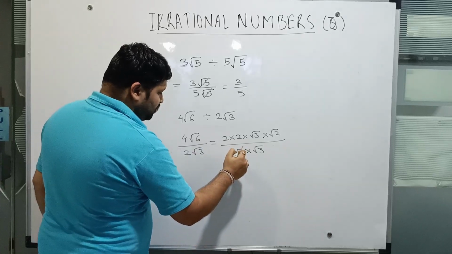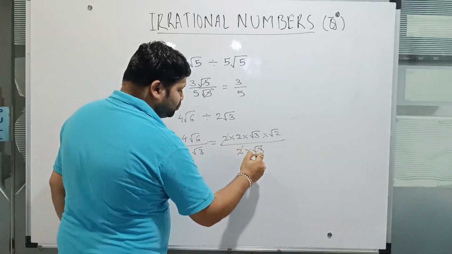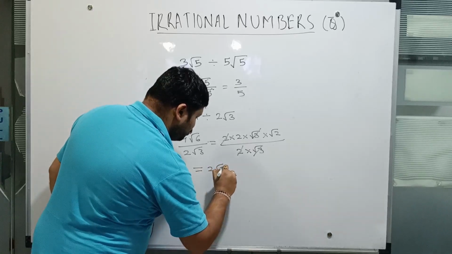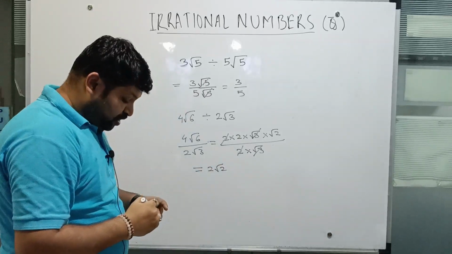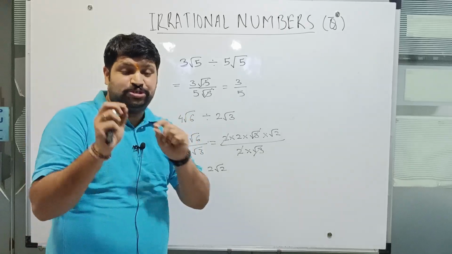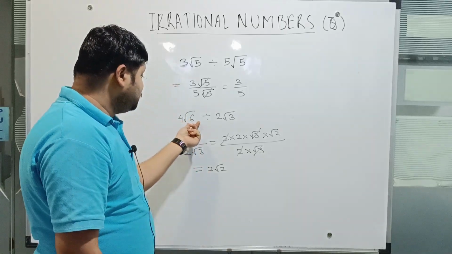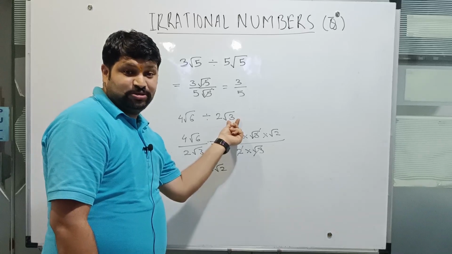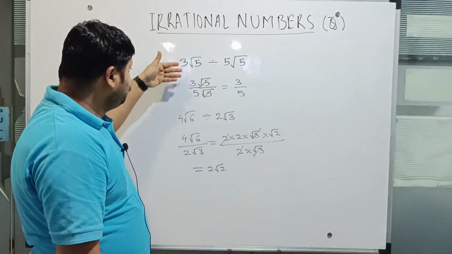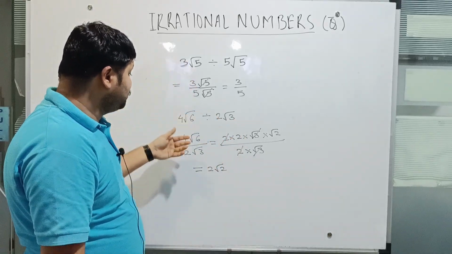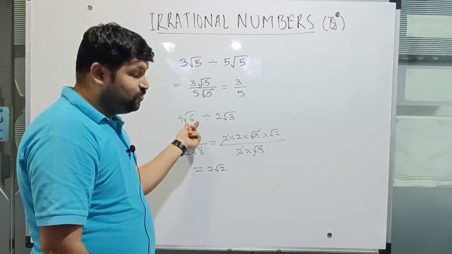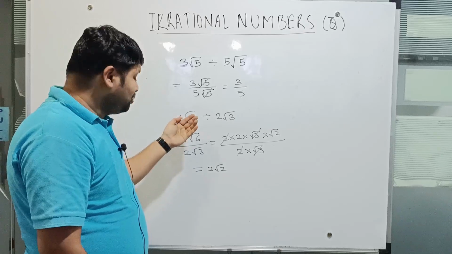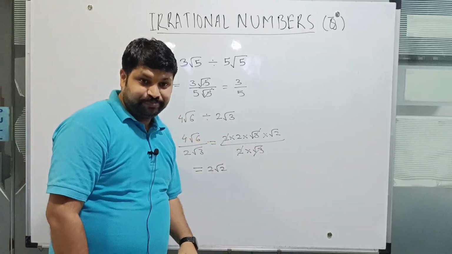So you see, this root 2 would get cancelled with this root 2, this root 3 would get cancelled with this root 3, giving me the answer as 2 root 2. Now this can be done only under one specific condition, that is, whatever is under this root should be divisible by the number under this root. If it's not true, like it was, see, if it was true here, so we did it. Here the whole 6 was not divisible, however, whole 6 did not get converted into 1, it got converted into root 2, so we have kept it.